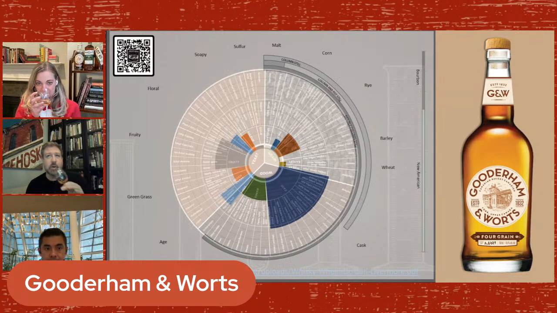When I nose it and taste it, I go through the grains. I get that fresh baked bread from the wheat. When I bring it to my nose, I get a little bit of roasted nuts from the barley, dried spices, a little bit of warming vanilla.